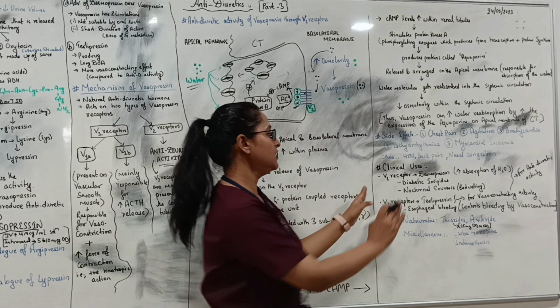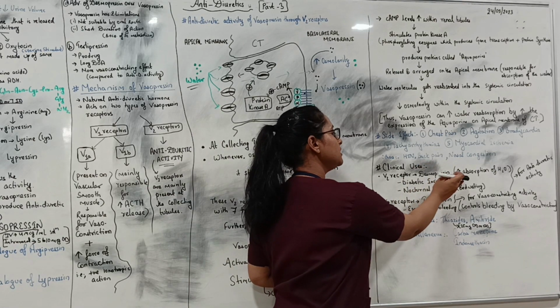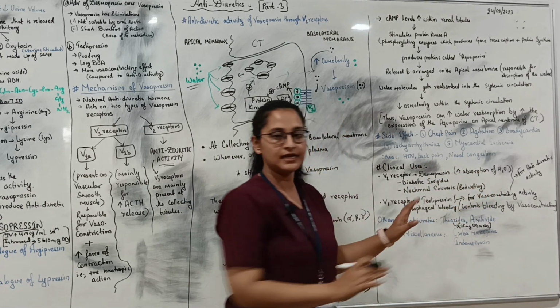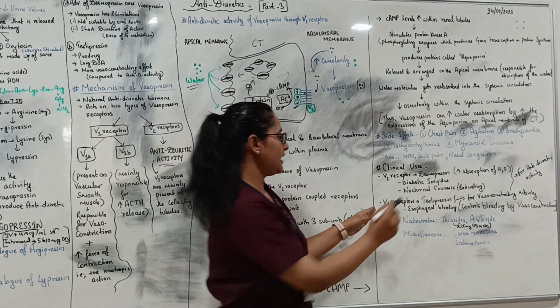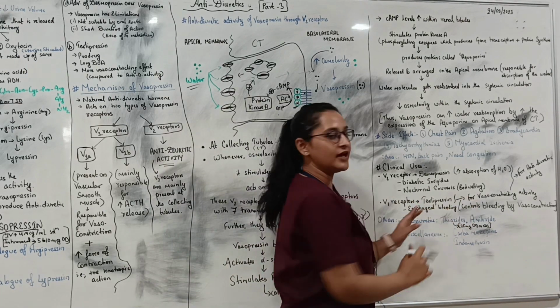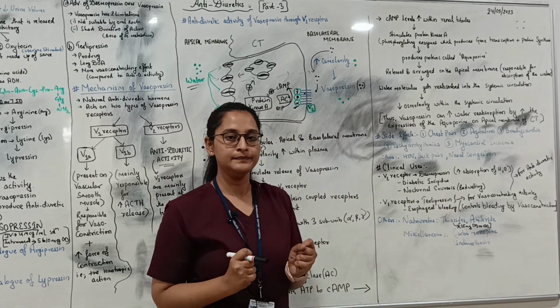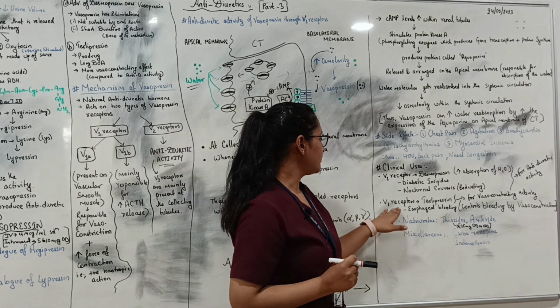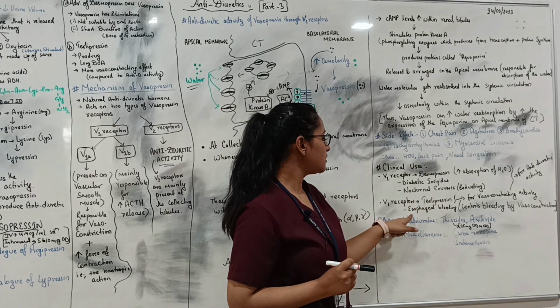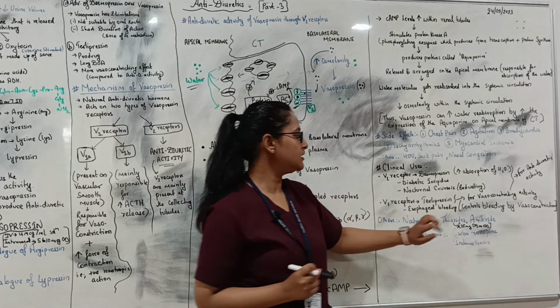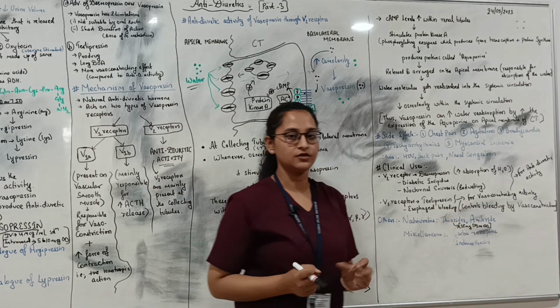So desmopressin is used mostly for antidiuretic activity, and terlipressin is mostly used for vasoconstricting activity. Terlipressin is used for esophageal bleeding because it controls the bleeding by vasoconstriction.